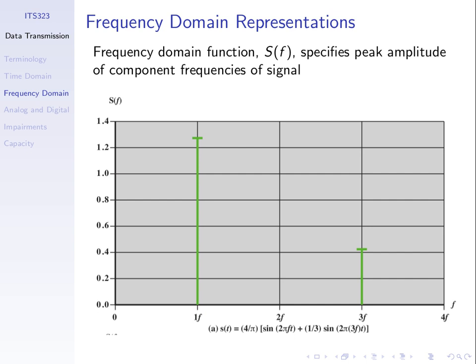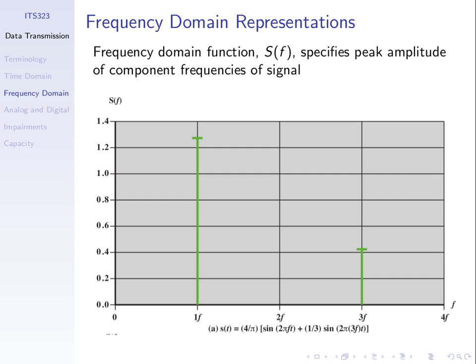In the time domain, it's the amplitude versus time. Now it's peak amplitude versus frequency. So what we do, if we look at our example, we plot for each component the frequency of that component and the peak amplitude. So we're plotting our signal S of t in the frequency domain.